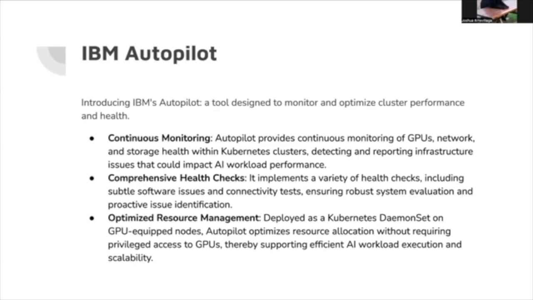It implements a variety of health checks, including subtle software issues and connectivity tests, and it ensures robust system evaluation and proactive issue identification. Optimized resource management: it is deployed as a Kubernetes daemon set on GPU-equipped nodes. Autopilot optimizes resource allocation without requiring privileged access to GPUs, thereby supporting efficient AI workload execution and scalability.